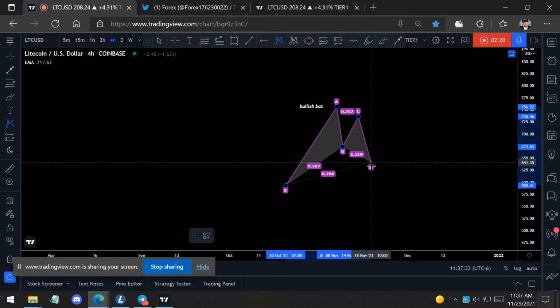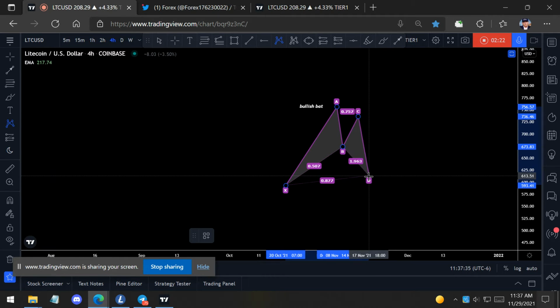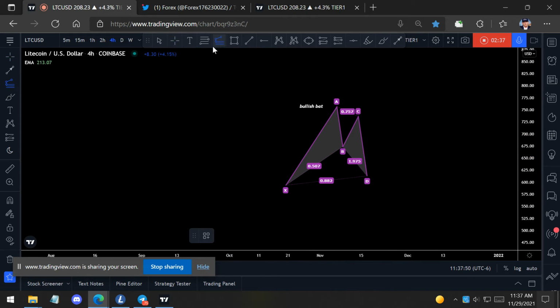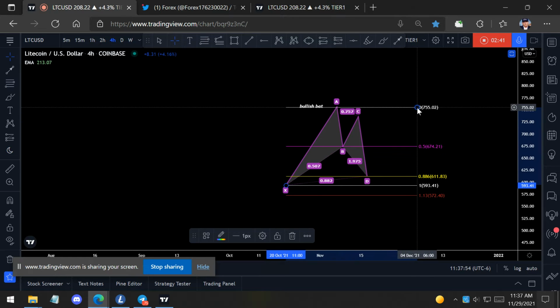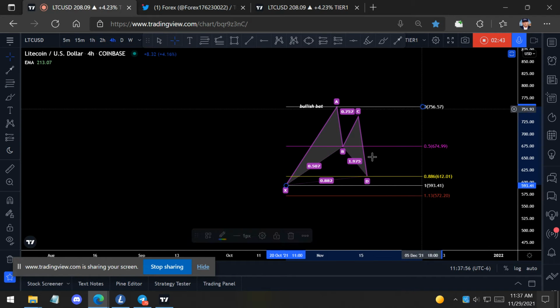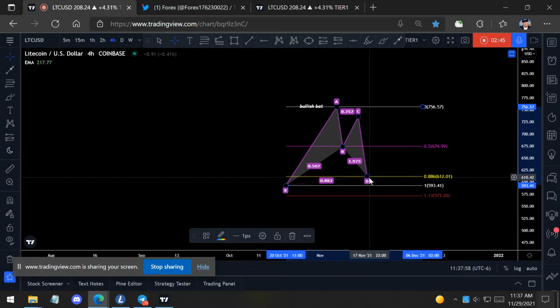The D point is the 88.6 of the whole pattern. To get the 88.6, we would measure from the X to the A leg, the whole pattern, and it retraces to the 88.6.